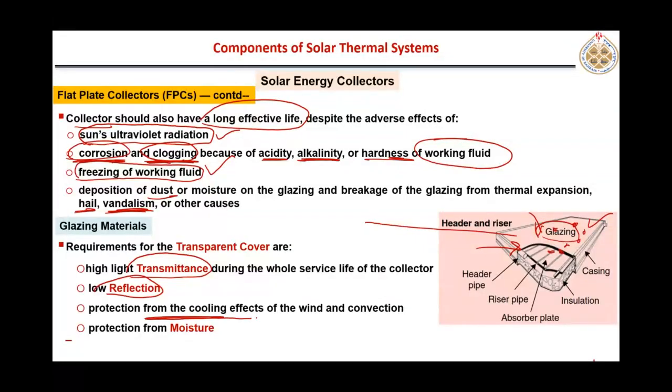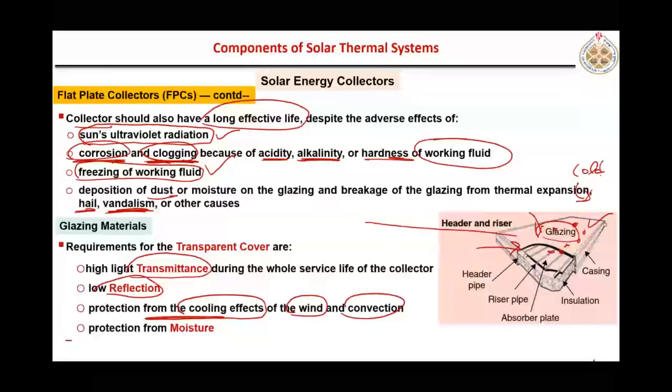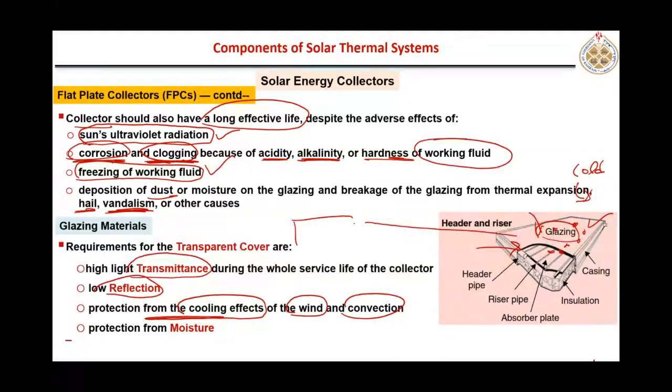It should be protected from the cooling effects of wind and convection, because if outside there is wind, it's cooling, it's cold wind flowing. So here you have air inside, because in between glass cover and that absorber plate, here we have air.